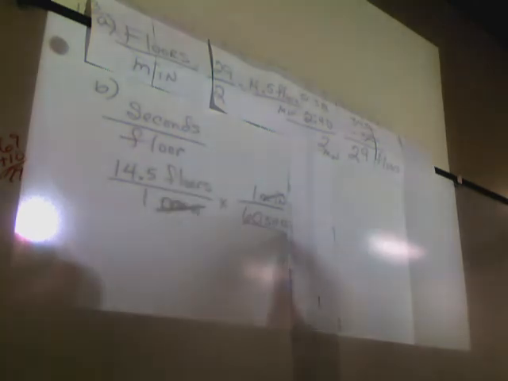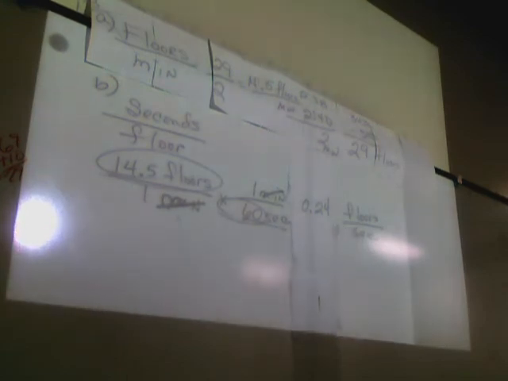This will get rid of our minutes. When we finish, we will have floors per second. In one second, you're going to take the top number, divide it by 60. If it had been next to it, we would have multiplied. 14.5 divided by 60. 0.24. So that's how many floors it went in 1 second.